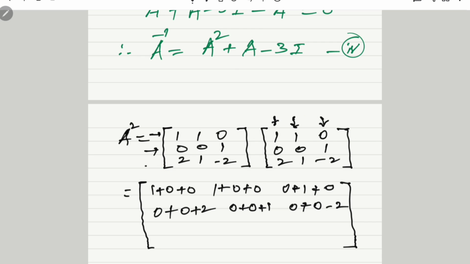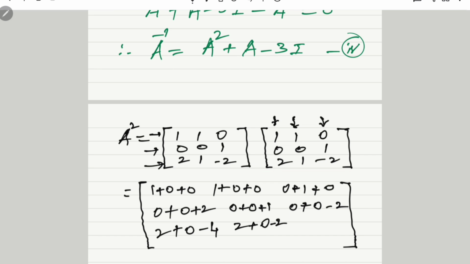Then third row to that first column, 2 into 1 we get 2, 1 into 0, 0, minus 2 into 2 we get minus 4. Next, second row to second column, 2 into 1, 2, then 0, then minus 2.